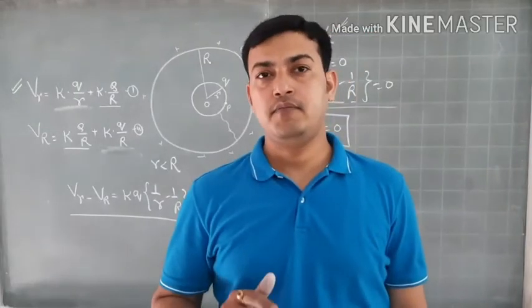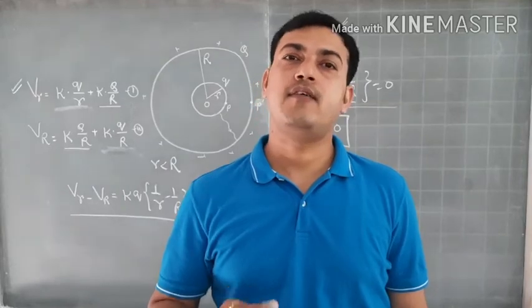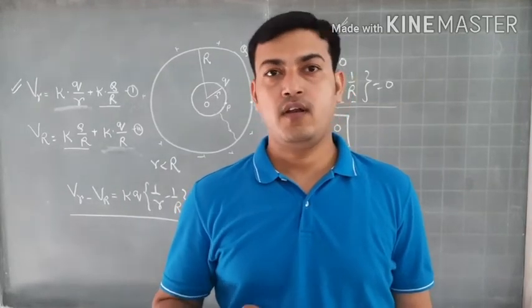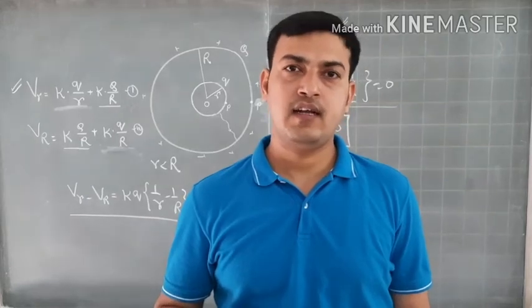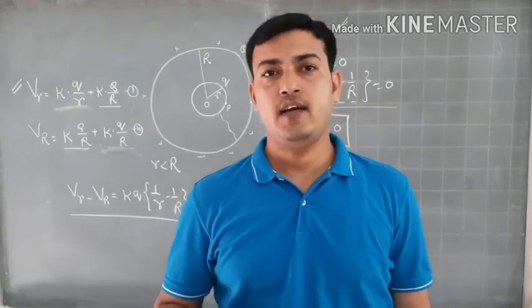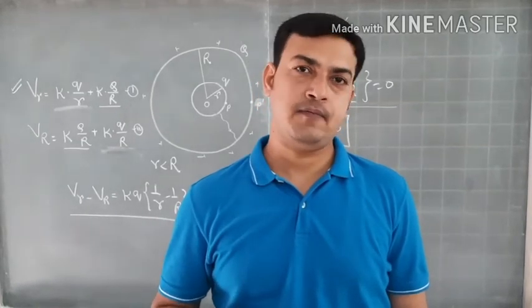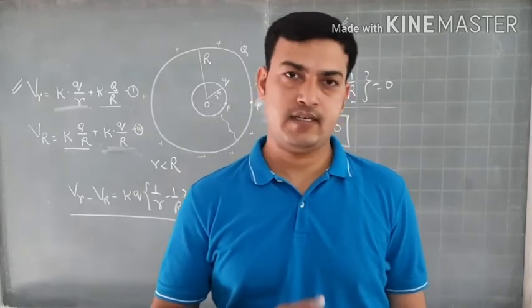And that is the basic concept of the Van de Graaff generator. So now we are just going to watch the Van de Graaff generator, and we will also see its discharging action.